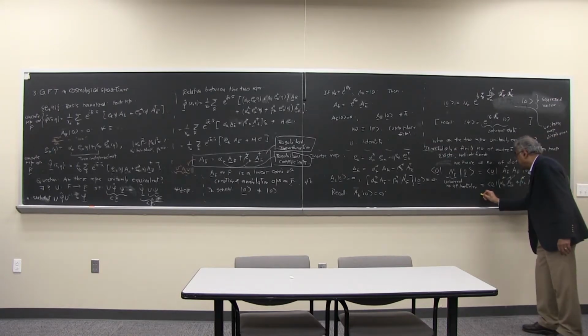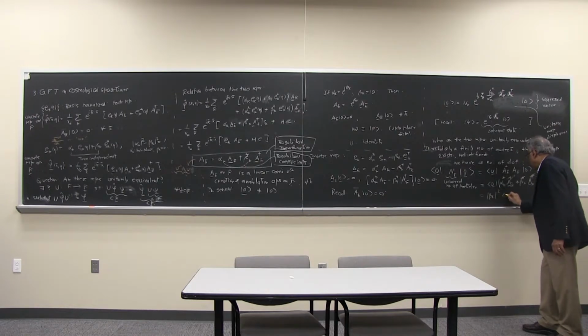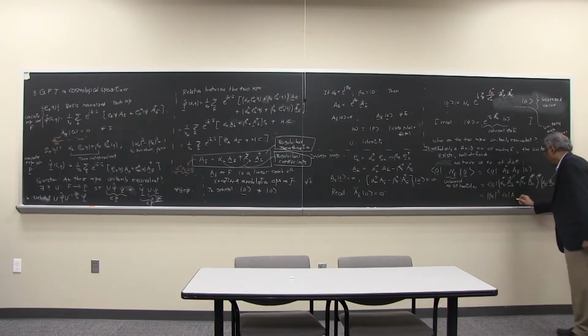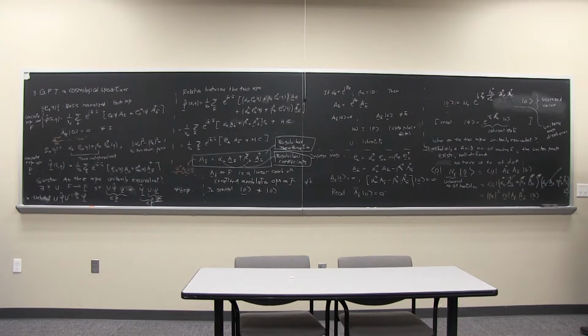So the term that is left up here is just given by beta_k squared times vacuum a bar_k times a bar_k dagger vacuum. Right?